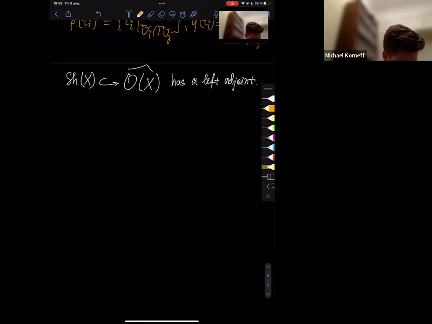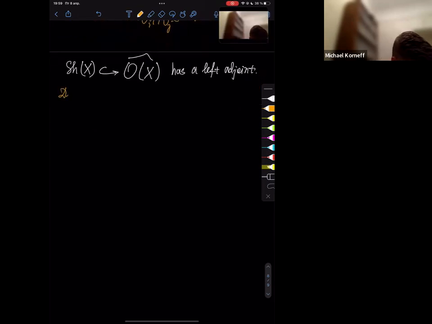Okay, and now we will define a separated pre-sheaf.